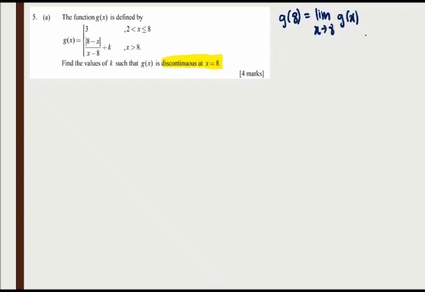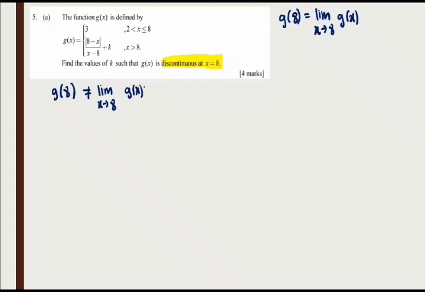So this is when it is continuous. Now we are looking for when it is discontinuous. If it is discontinuous, the condition we are looking for is g of 8 is not equal to the limit of g(x) as x approaches 8.